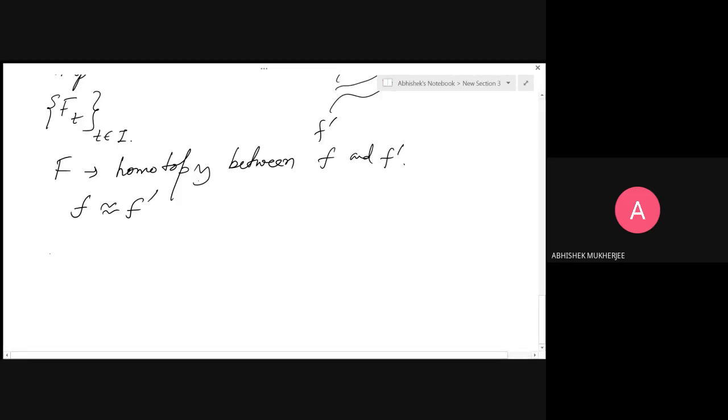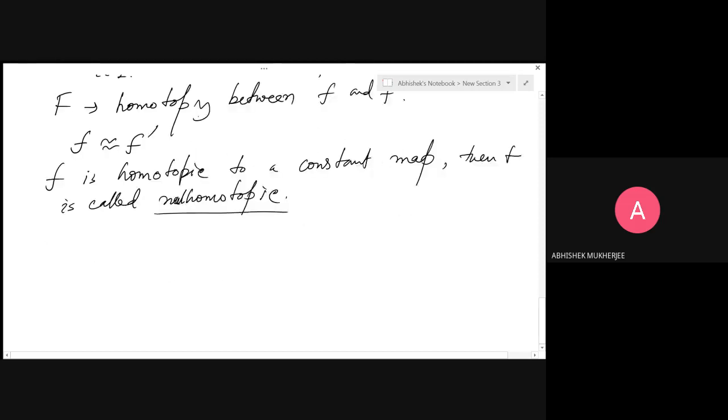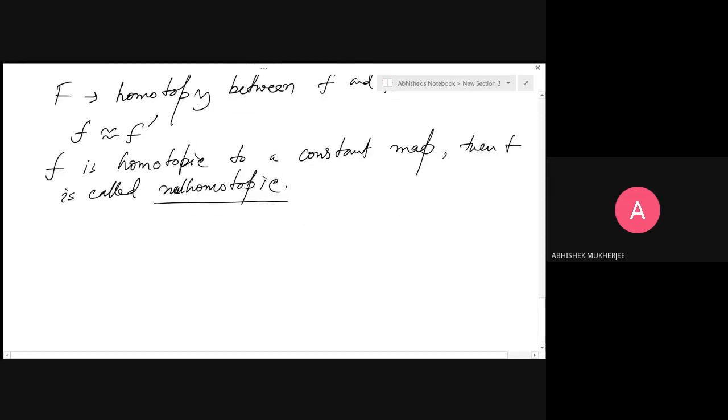Whenever f is homotopic to a constant map, then f is called null homotopic. That is, the function is deforming continuously to a point.